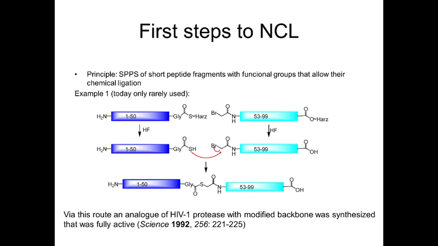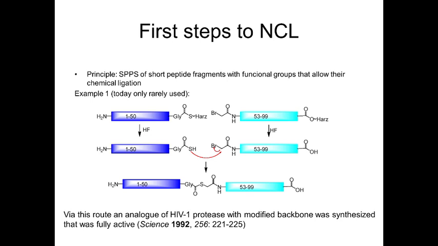However, they always used a coupling strategy that involved the formation of a non-native peptide bond, which at that time was the limit of the technology. Here you see one of these examples.